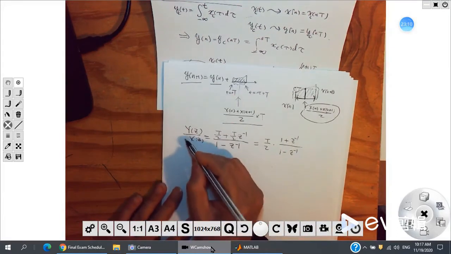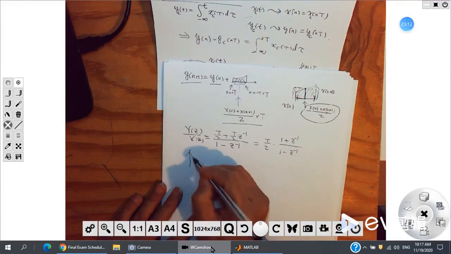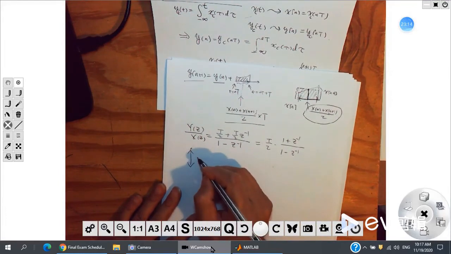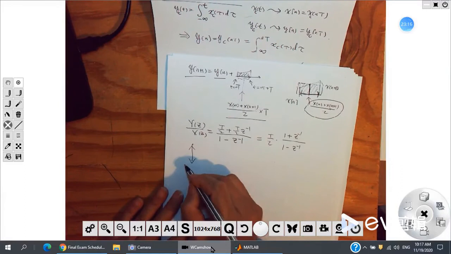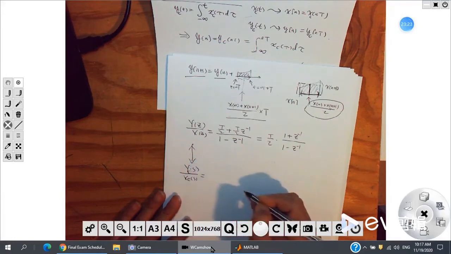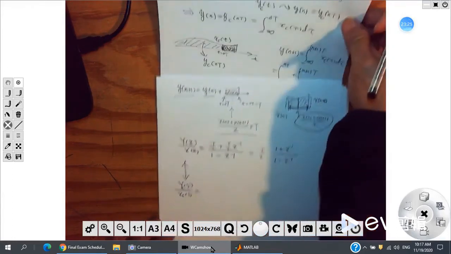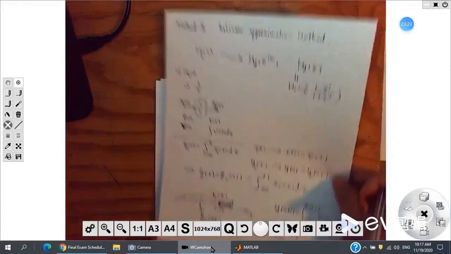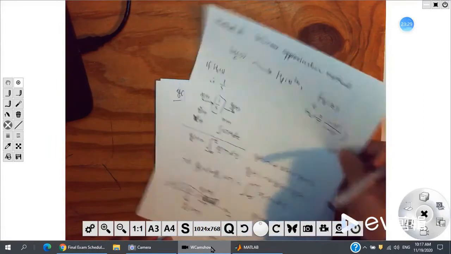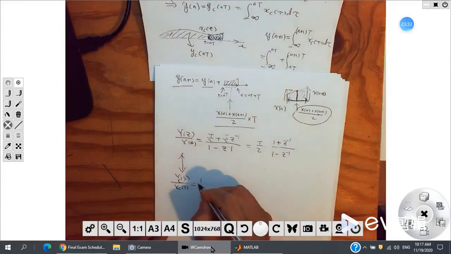Okay, and what is this in the continuous time domain? That will be Y_c of s over X_c of s, and our system is just 1 over s, right? So this is 1 over s.